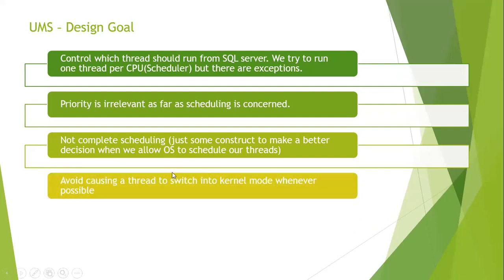Next, avoid causing a thread to switch into kernel mode whenever possible. The other design goal is avoiding context switches. A context switch is when a thread executing on the CPU in the Windows operating system, after 4 milliseconds, comes out of the CPU, and the context of the current thread is written to some place.